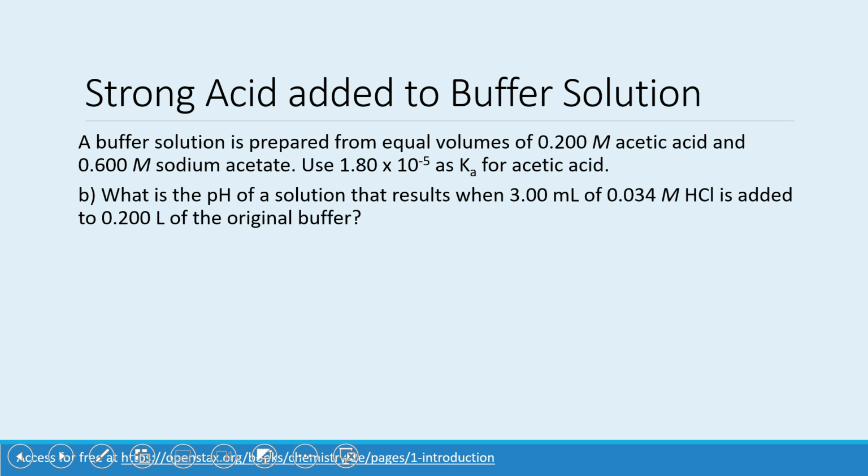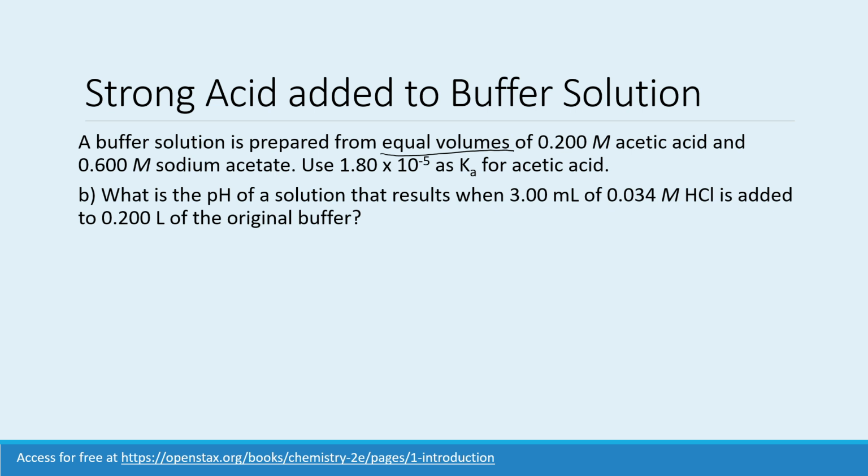Now, let's try this again, but instead we are going to add a strong acid to that buffer solution. So here's where things can get a little tricky. A buffer solution is prepared from equal volumes of a 0.2 molar acetic acid and 0.6 molar sodium acetate solution.